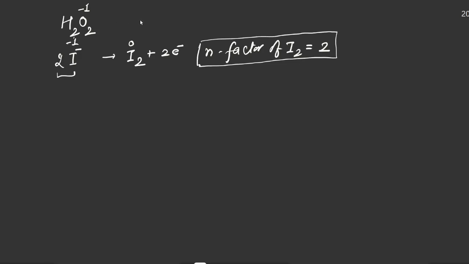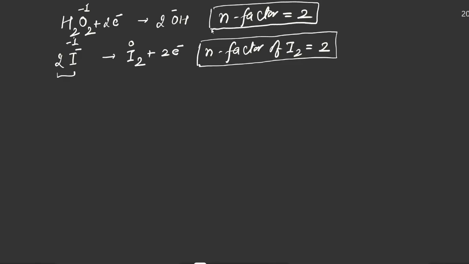So that means H2O2 should be converted into H2O or OH negative, because it should gain electron. So its N factor is again 2. So N factor of H2O2 as well as I2 both is same, that is 2.